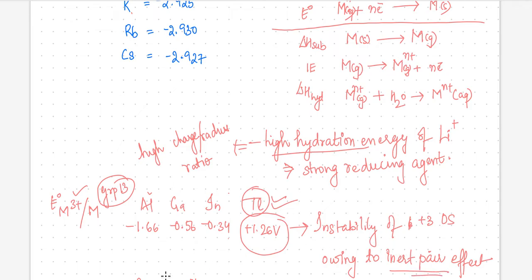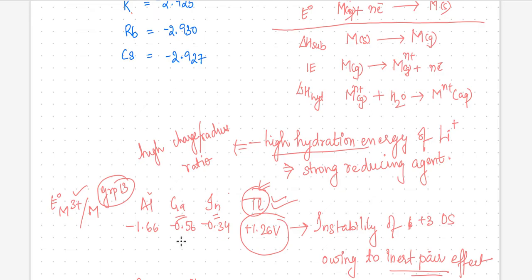This is because these elements are post transition elements. For example, gallium and indium come after the d block elements, and thallium comes after the f block elements.